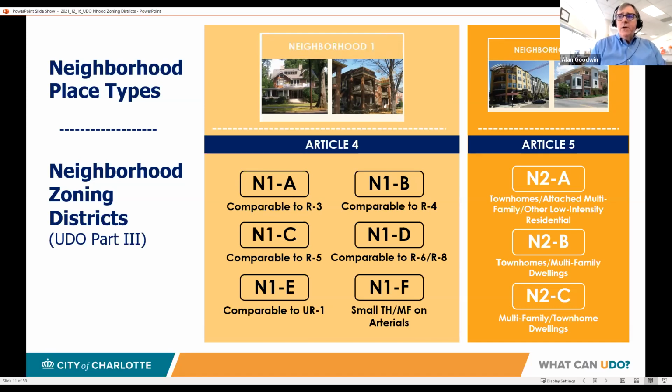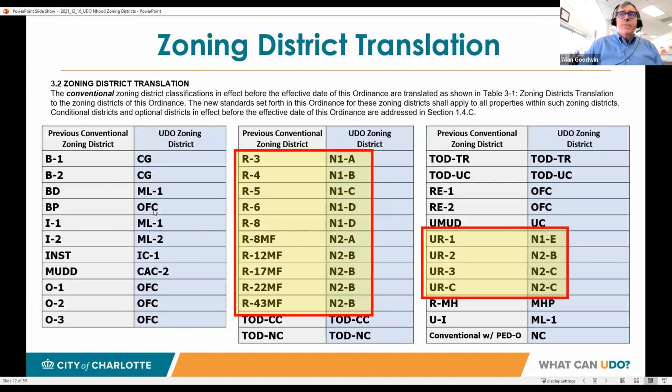It's kind of a new concept for us, but the N1A is comparable to our current R3 district, N1B comparable to R4, and so on. And then we have 3 new zoning districts for the neighborhood 2 place types, N2A, N2B, and N2C, and we'll talk a little bit about those as we go.